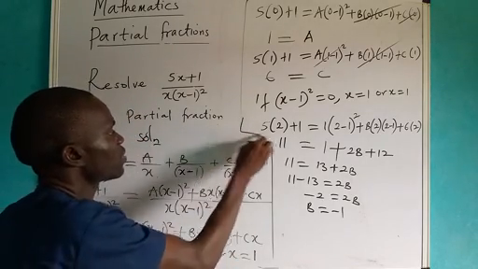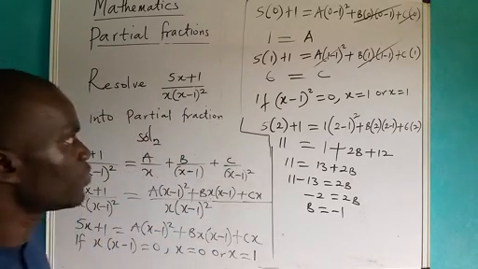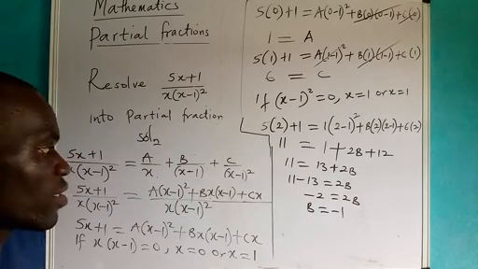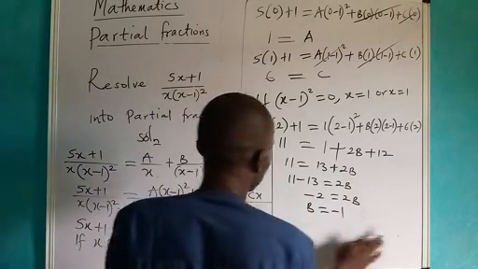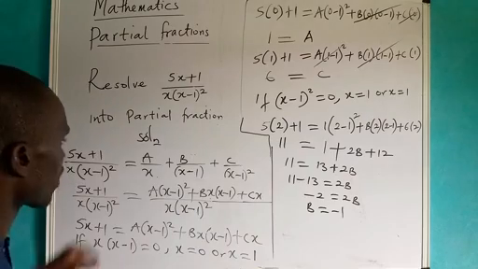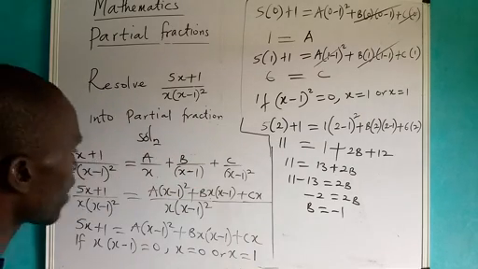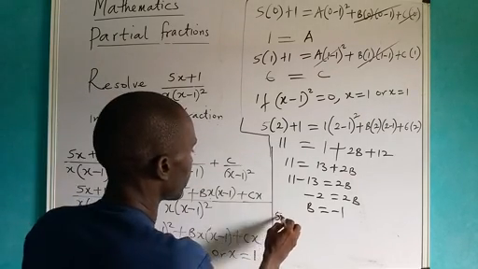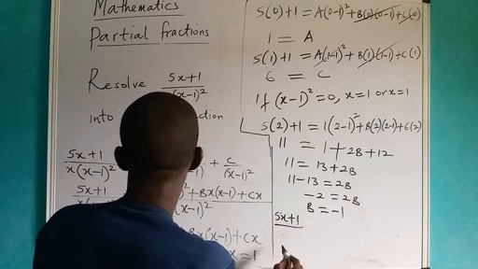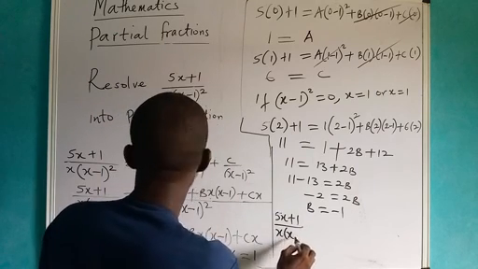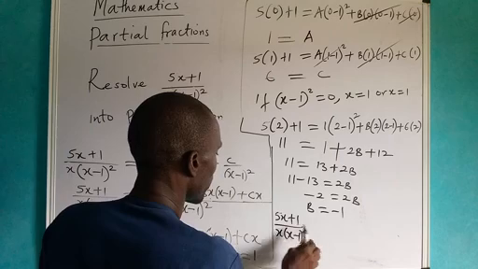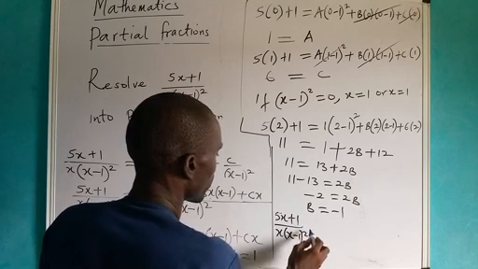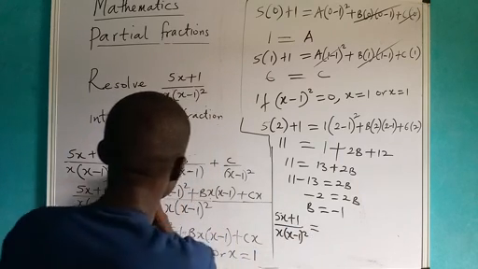I'll be able to obtain the value of b, the value of c, the value of a. Therefore, I can now put these values into this very fraction. We have 5s plus 1 all over s minus 1 squared equals A. Look at the first one.